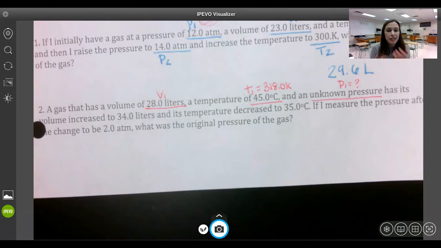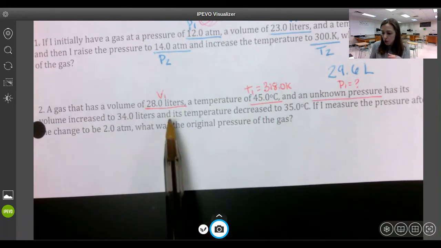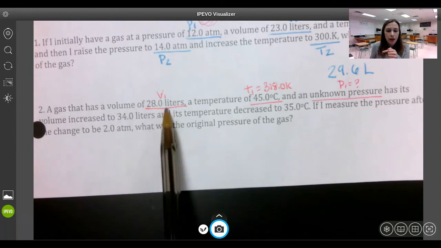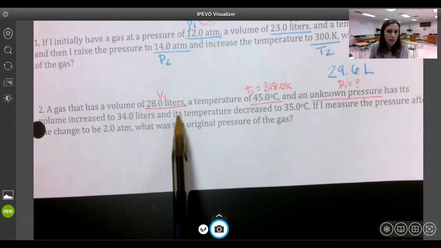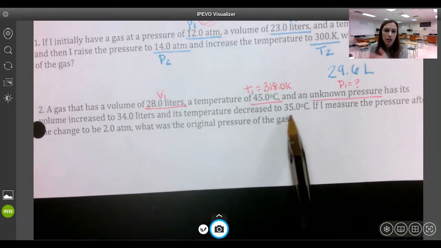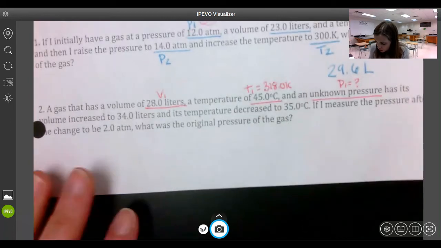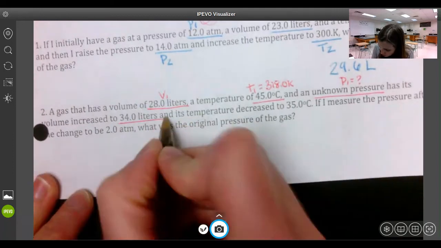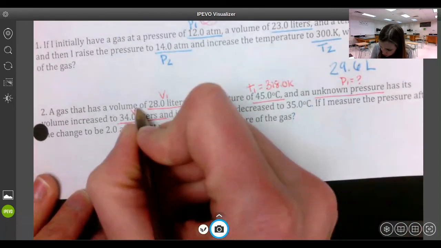And then we see a change in conditions. I want to point out to you when we go to do ideal gas law, how this is different. In ideal gas law, we're just going to have our set of conditions and we're finding the missing variable. Here we have a set of conditions that has now changed. So it's this changing of the variables. The volume increased to 34 liters, so this would be V2.